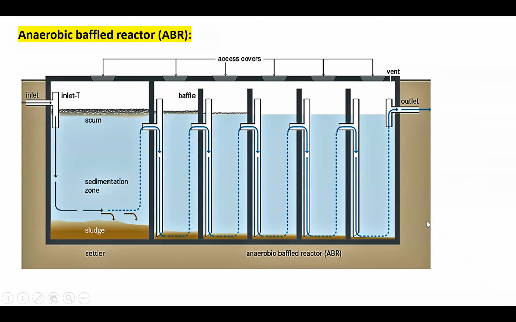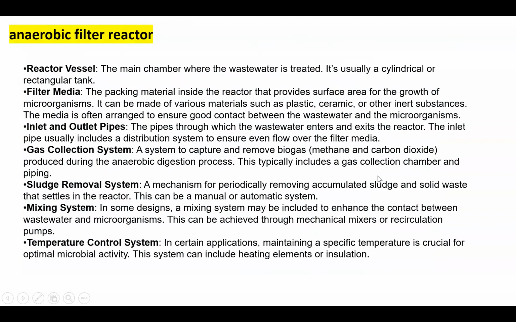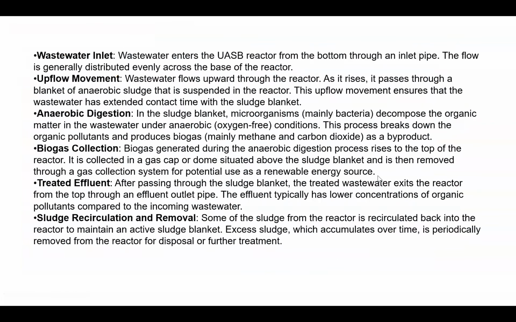Okay, so you understood different types of anaerobic reactor setups. This is the baffled one, then we discussed the anaerobic filter reactor, and this is the upflow anaerobic sludge blanket. Now we go for the questions.